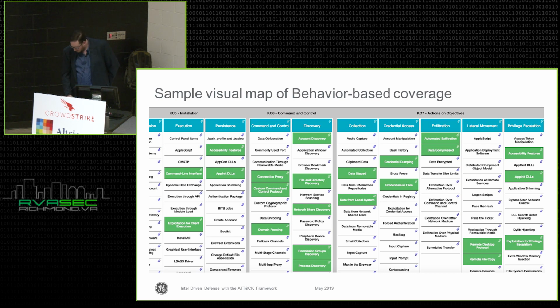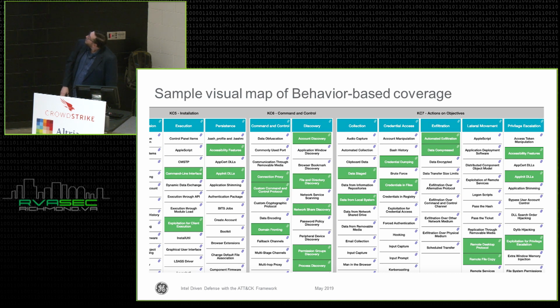And so it's very important to be able to gauge if a gap exists due to a limitation versus a gap in intelligence coverage. So this map also helps to determine which techniques should be prioritized in detection writing.